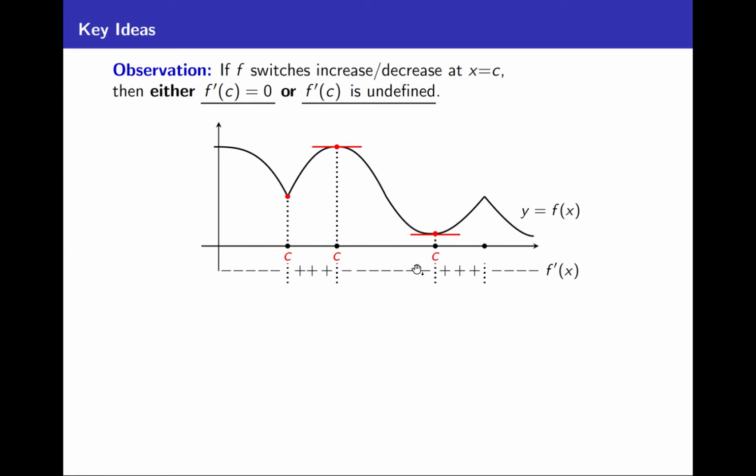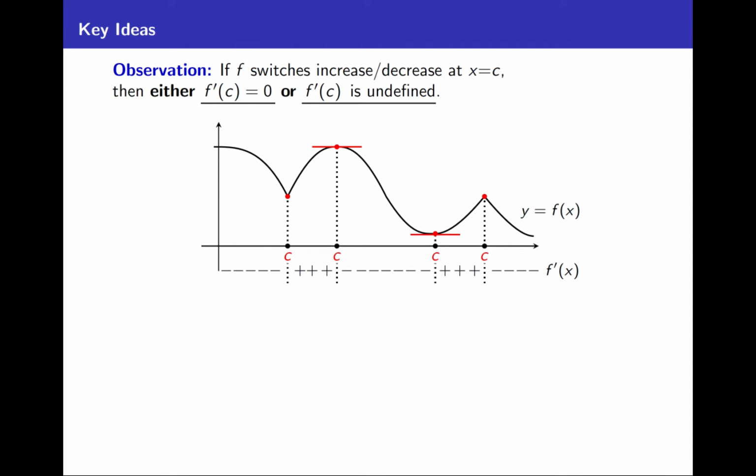And at this point, c, where you change from decreasing to increasing again, f prime of c is equal to 0. And right here, f prime of c is undefined at the top of that sharp hill. For values of x other than these c's, the derivative is either positive, where the function is increasing, or negative, where the function f is decreasing.